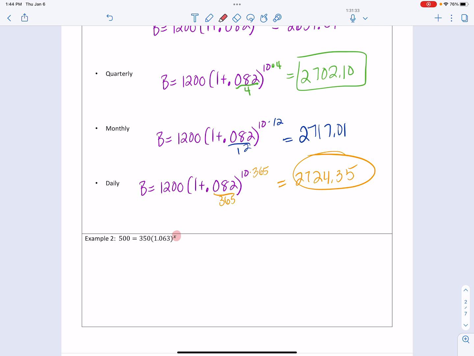For example, this question would say, Joe brought $350 to the bank at 6.3%, how long to make $500? Okay, so if you look at that problem, my variable is in my exponent, so I'm going to need logs. So the first thing I have to do is divide by 350. So I do 500 divided by 350, and I get 10 sevenths.